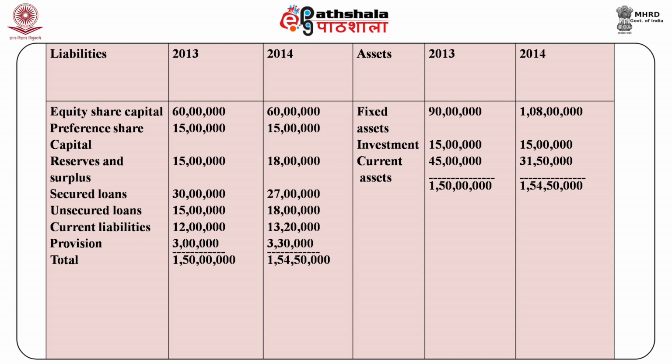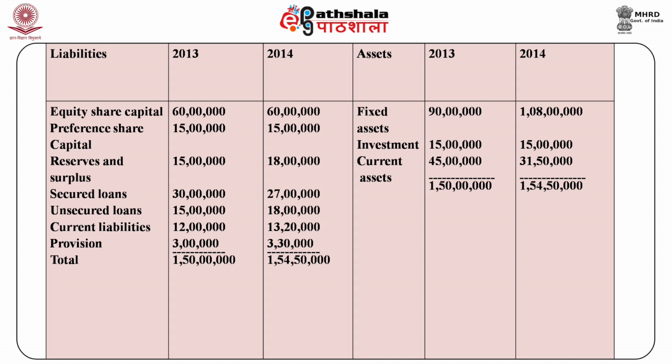The total liabilities for the year 2013 comes to 1 crore 50 lakh and for 2014 it is 1 crore 54 lakh 50,000. Now we come to assets that comprise of fixed assets, investment and current assets. The fixed assets for the year 2013 comprises of 90 lakh, investments 15 lakh and current assets 45 lakh.